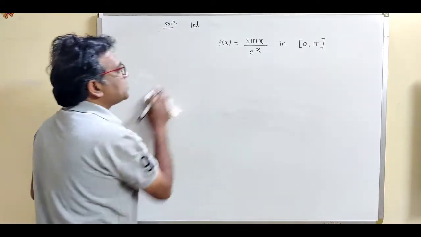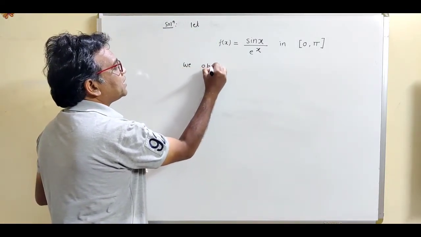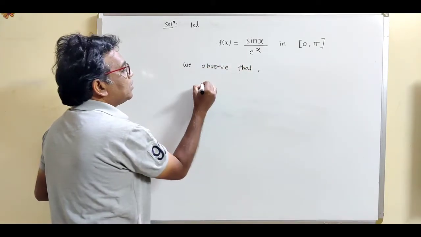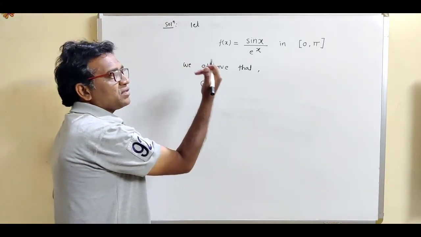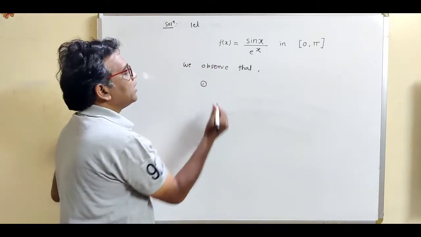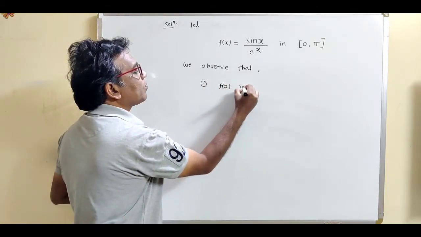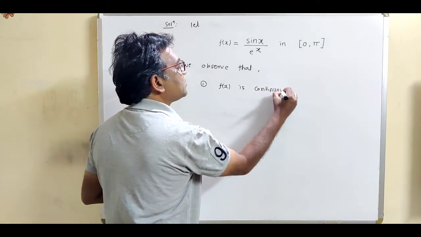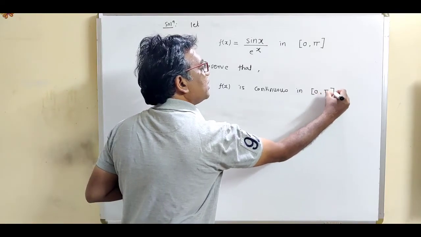So write down this observation. We observe that, this is our first observation: the given function is continuous in the given interval. So write down number 1, f(x) is continuous in the closed interval [0, pi].